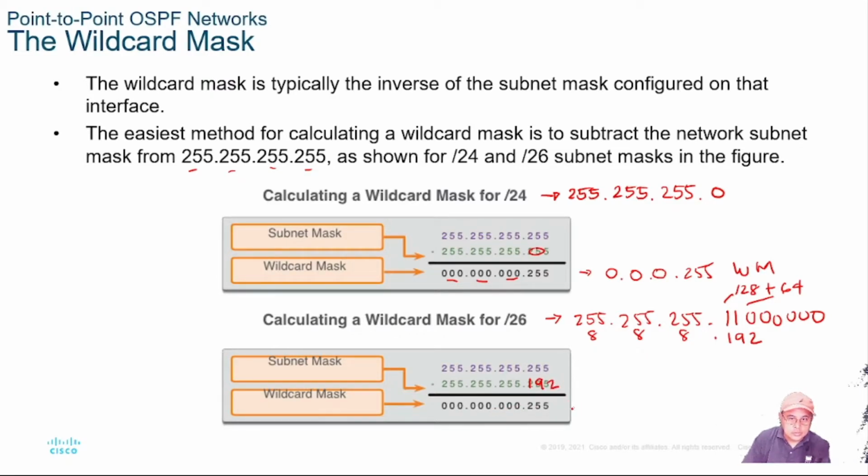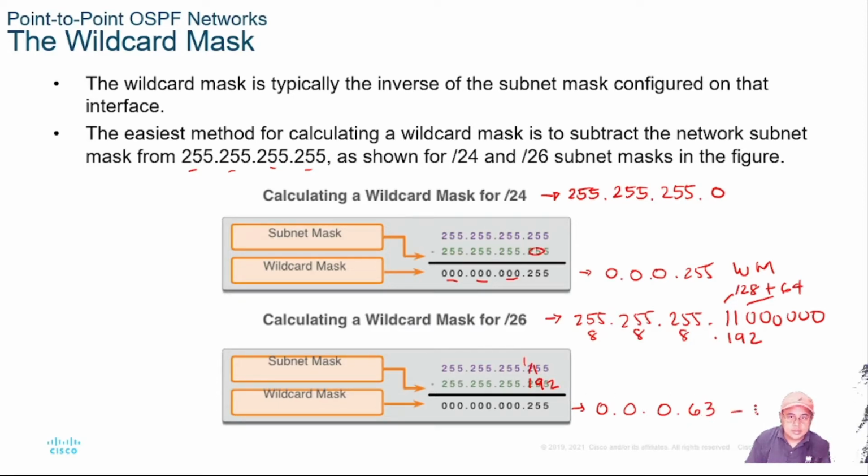So if we're going to subtract that from 255, this is 0.0, because 255 minus 255 is 0, then 255 minus 192 is 63.